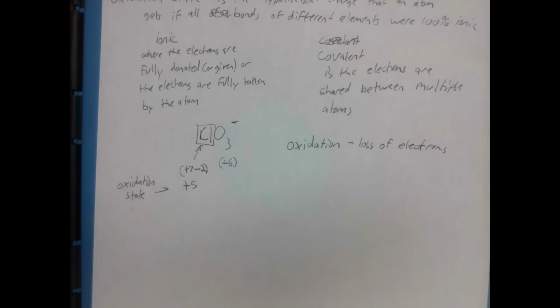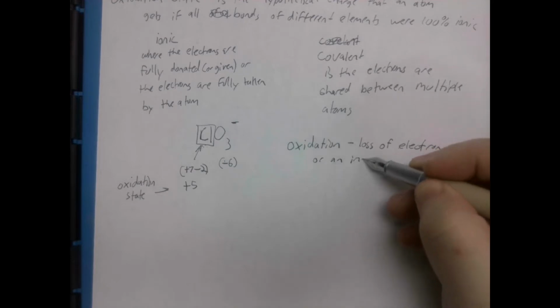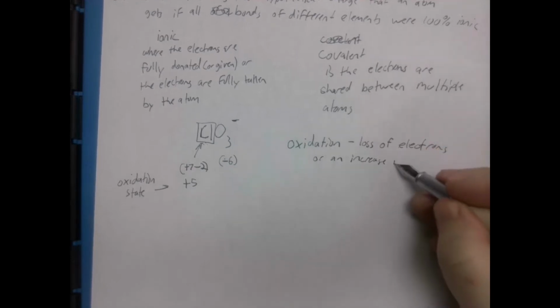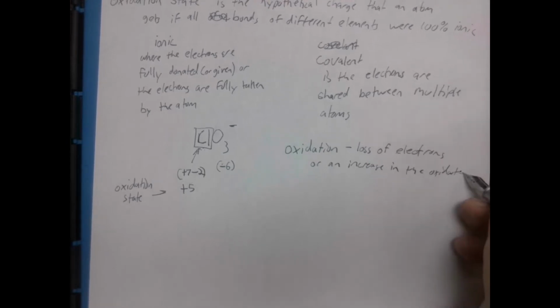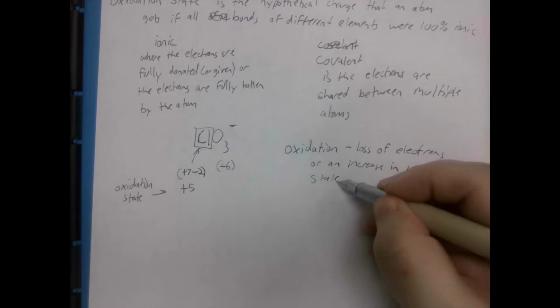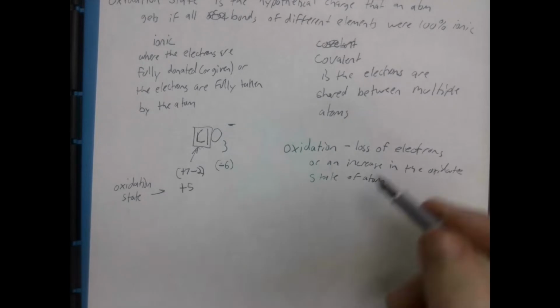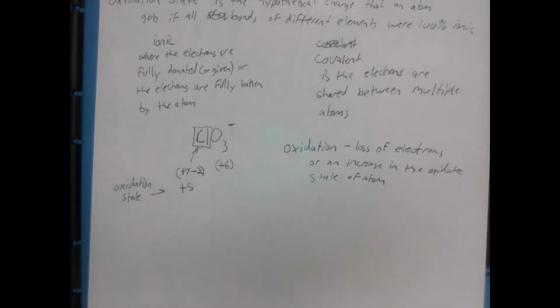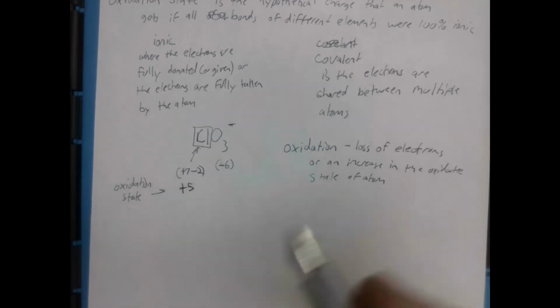Yeah, oxidation is the loss of electrons or an increase in the oxidation state, meaning this theoretical charge increases. We'll get to this later in the year. This is what's called an oxidation state because these numbers are always positive, meaning we are losing electrons.